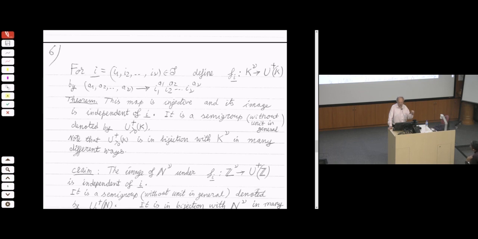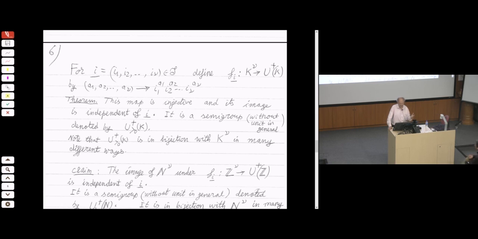But there are many such bases, basically one for each I, and each such basis is indexed by a sequence of natural numbers A1, A2, A nu.